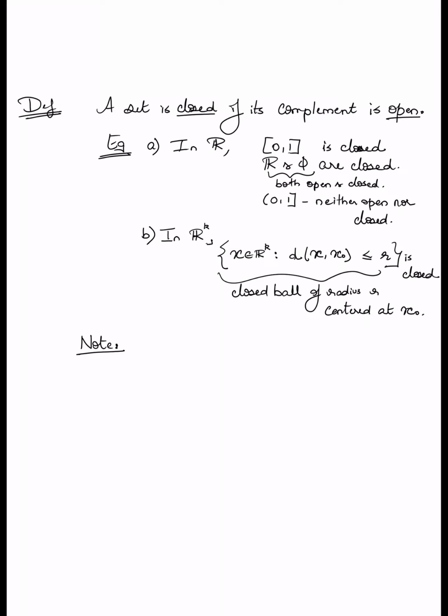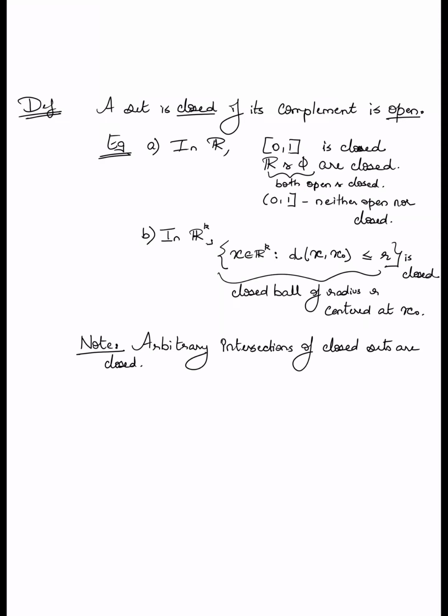In other words, while arbitrary unions of open sets are open, arbitrary intersections of closed sets are closed. Right? So as I said, it follows from applying De Morgan's law to the statement that arbitrary unions of open sets are open, given that closed sets are complements of open sets.